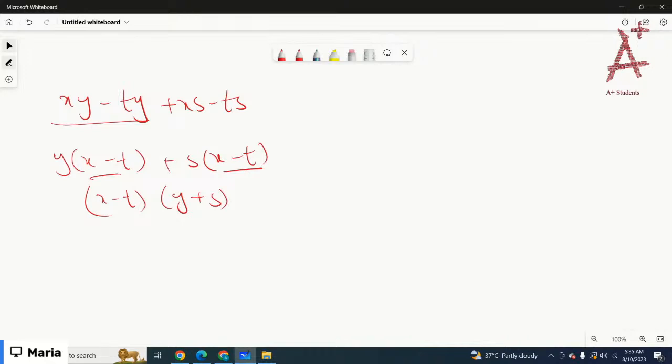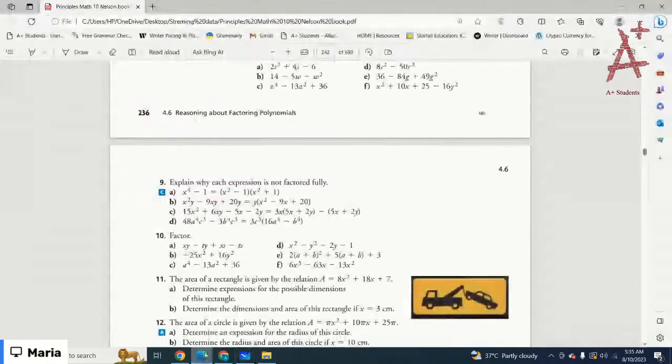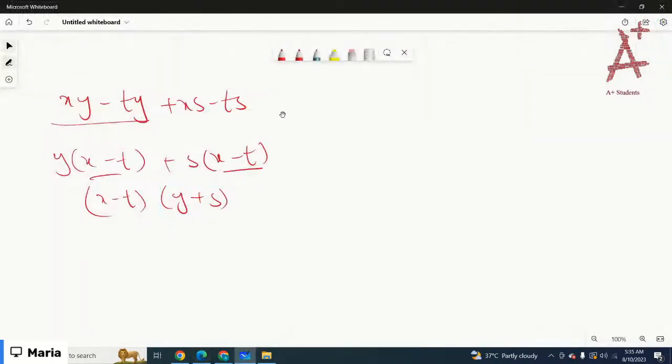Okay, let's do the f part. That is 6x cubed minus 63x minus 13x squared.